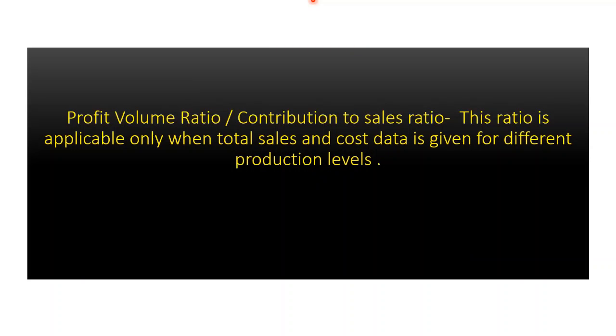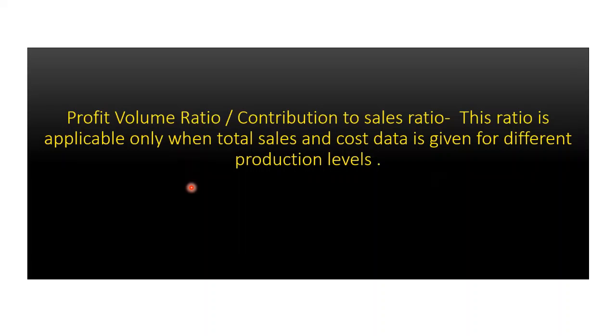So when a PV ratio is given and we are asked to find out sales or total cost or profit, we can use mathematical formulas to reconcile, right? We know fundamental equations, which is sales minus variable cost is equal to contribution.